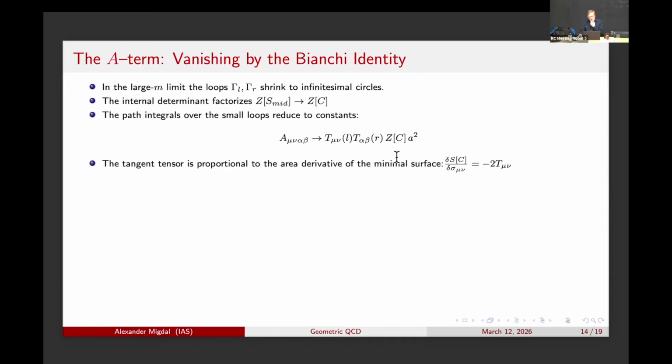Now I have to remember that my solution is proportional, as I think, to the area of the minimal surface. Why? Because if you have a very heavy fermion on a surface, the main term you get from that heavy determinant will be the exponential of area.